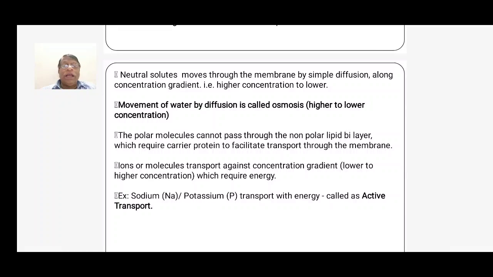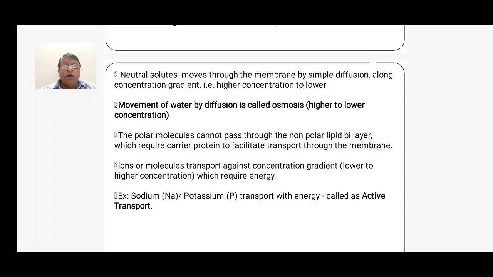Some molecules are there. They are the polar molecules. If the molecules are polar, they can't pass through the non-polar lipid bilayer, which require some carrier molecules.